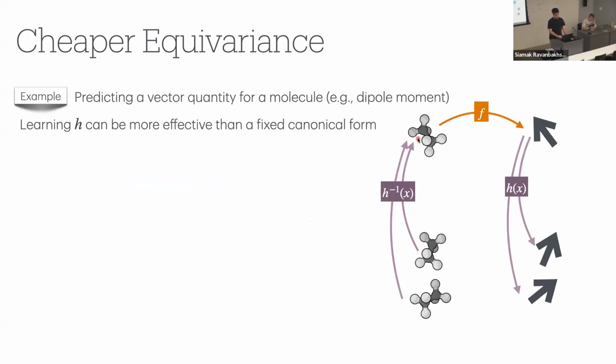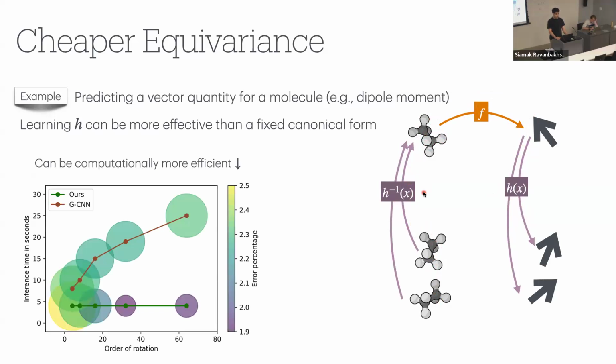Suppose you want to predict a vector quantity for your molecule, but you have rotations of the molecule. You can take these molecules, and the canonicalization function is going to put it in a canonical form. You do your prediction using an unconstrained network, and then you can transform this vector back using the inverse of this canonicalization function.